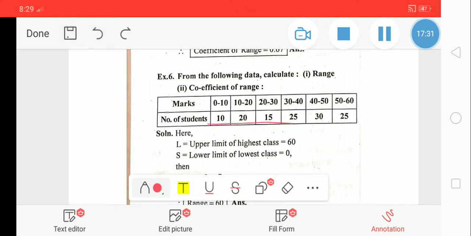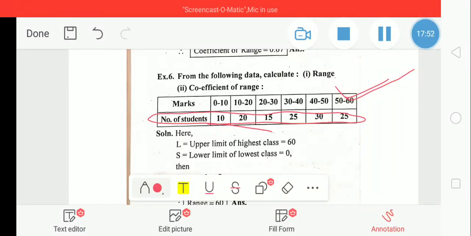And this Fi means frequency, the number of students. We do not need that, we only need the distribution. So this is grouped data.